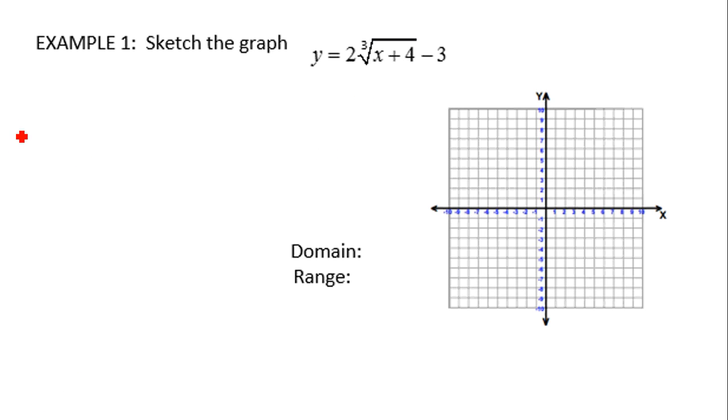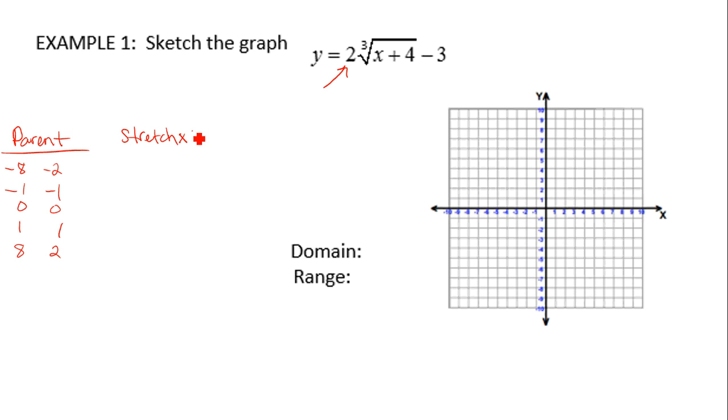So again, let's start with that parent. The parent table was -8, -2, -1, -1, 0, 0, 1, 1, and 8, 2. You don't have to do all of these points, ladies and gentlemen, but this is what that parent function looks like. Now in front, we're talking about the number 2 in there. That means it's going to be stretched 2 times taller.